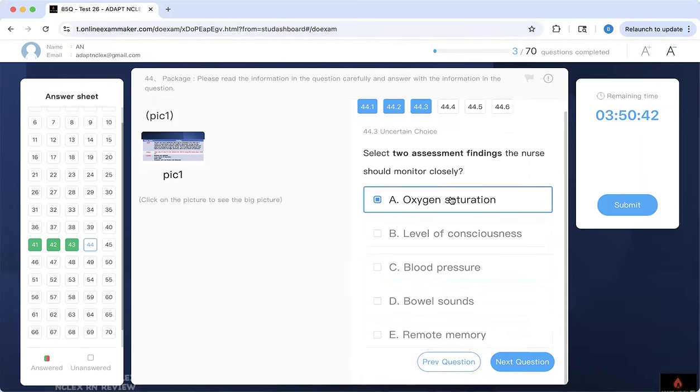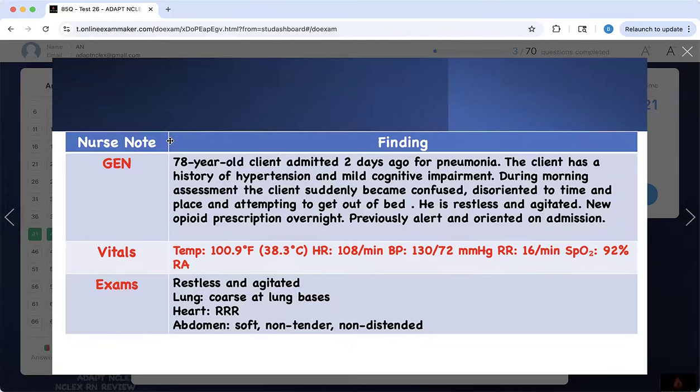We're going to check his oxygen saturation because he has pneumonia. Hypoxia can cause a problem. And we're going to check his level of consciousness. That's what is going on. He's disoriented, he's confused, trying to get out of bed. But his blood pressure is fine, his bowel sounds we don't need to worry about. His remote memory, he has mild cognitive impairment. I don't need it for that.